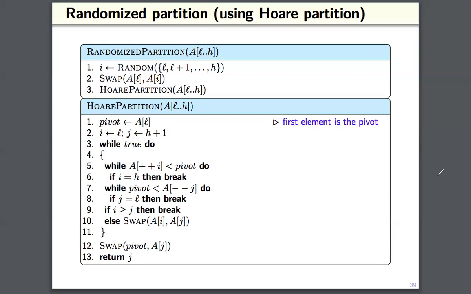So it is a linear time algorithm for partitioning. And we do an extra layer of randomization here that will give you a randomized partition, either using Hoare partition or Lomuto partition. Any of these can be used in quicksort, and it can also be used for the selection algorithm, right?